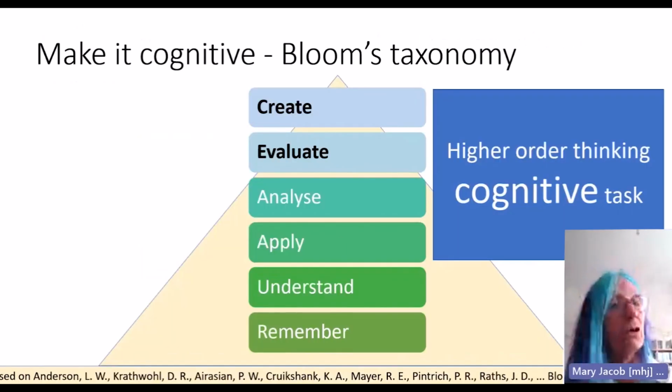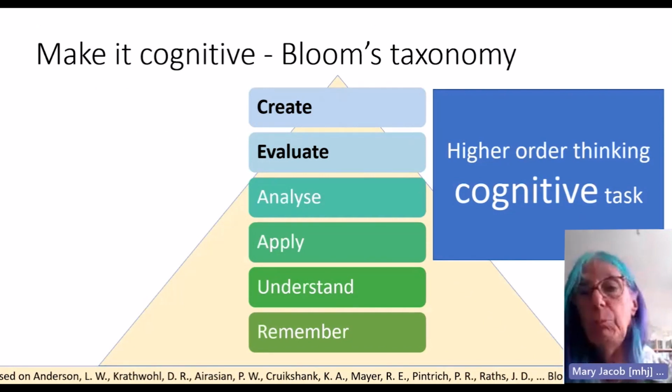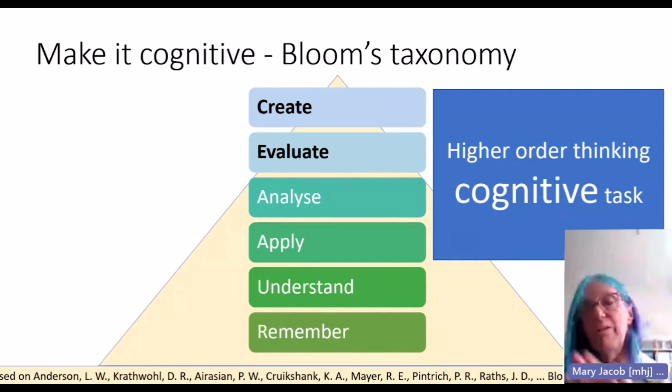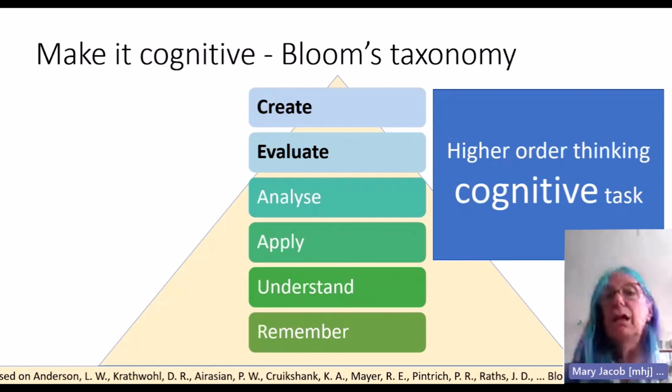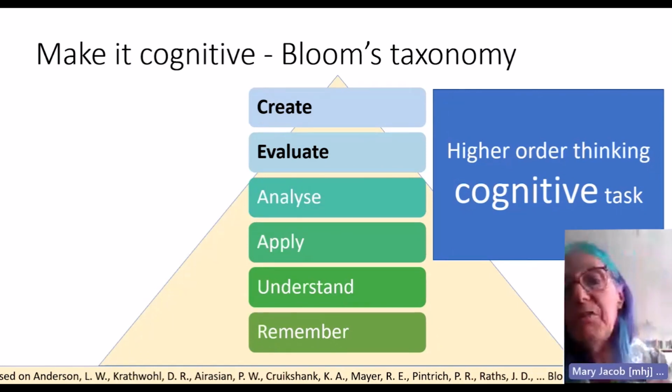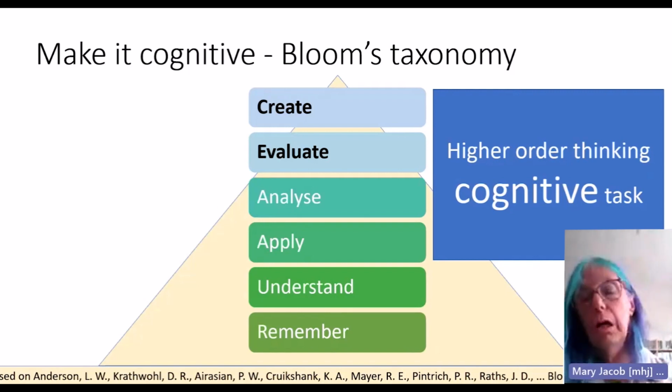So making it cognitive, I think we've talked about this already. The top 4 levels in Bloom's taxonomy I would consider as higher order thinking. So they make something, they synthesize, they evaluate, maybe they evaluate data, they draw some conclusions, they might analyze. If they're evaluating, it would be some kind of judgment, usually a value judgment.